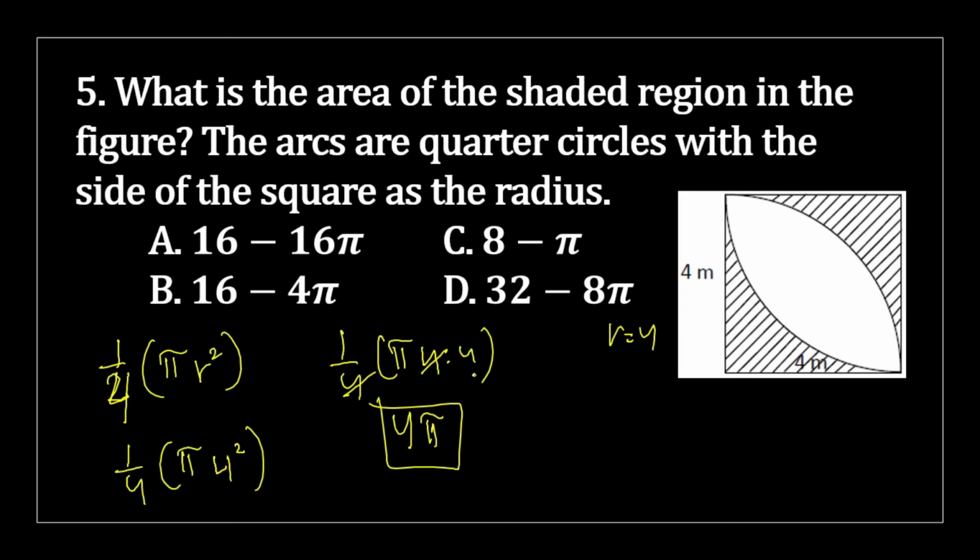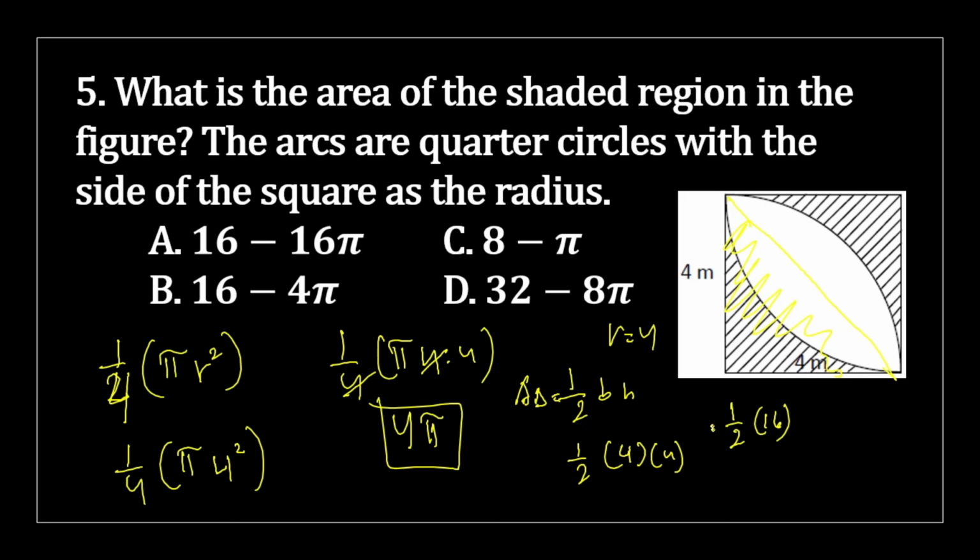Now, I want to get the area of this triangle so that I could minus it. Now, the area of triangle is 1/2 base times height. The base is 4 and the height is 4. So this is 1/2 of 16.